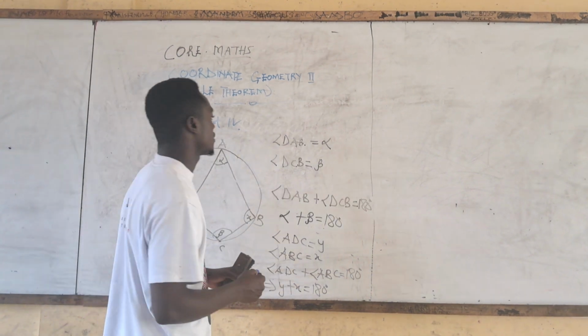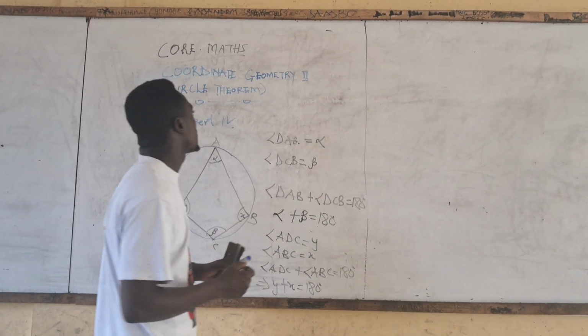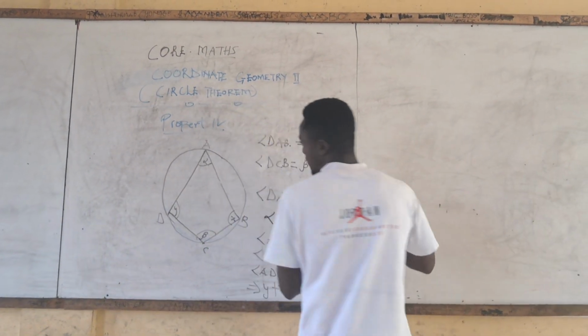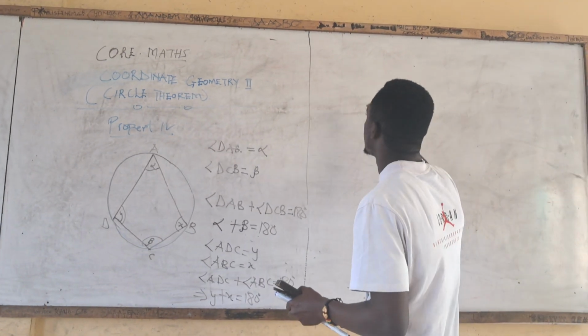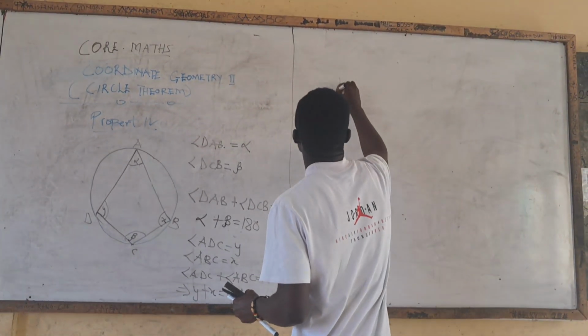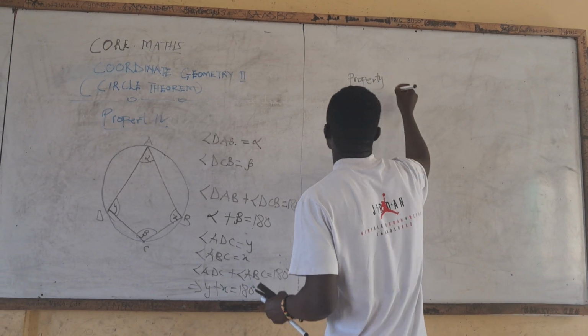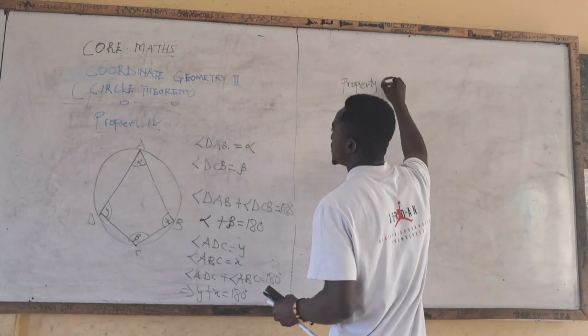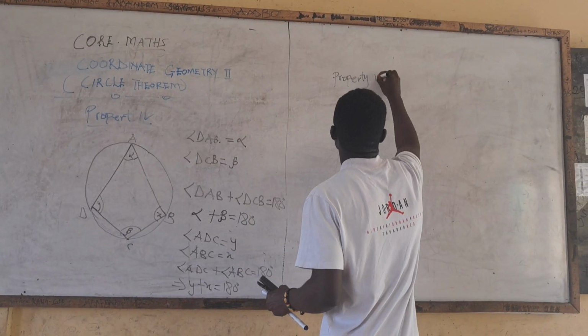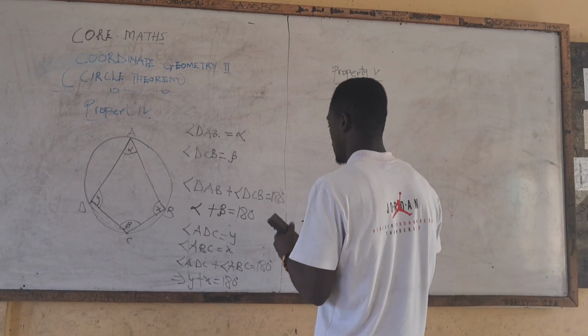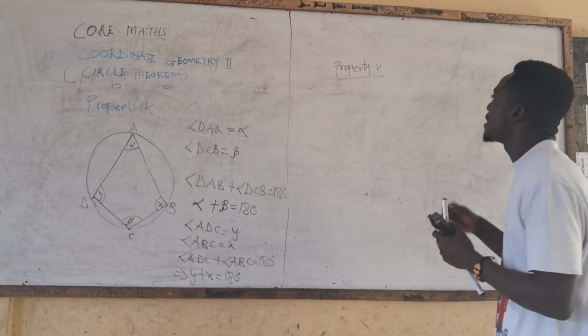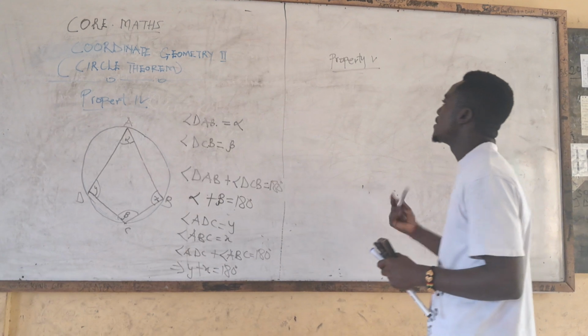Now we move on to property 5. What does property 5 say?